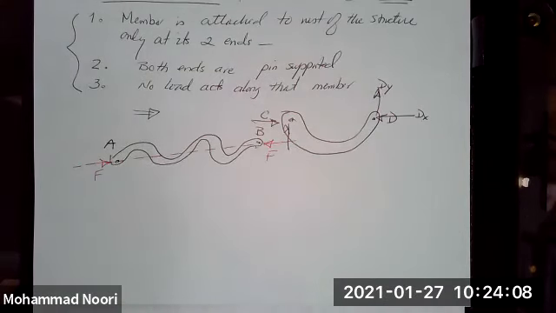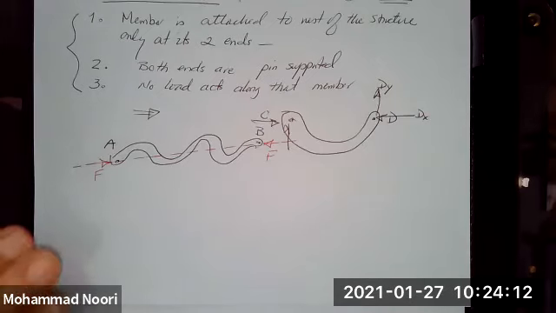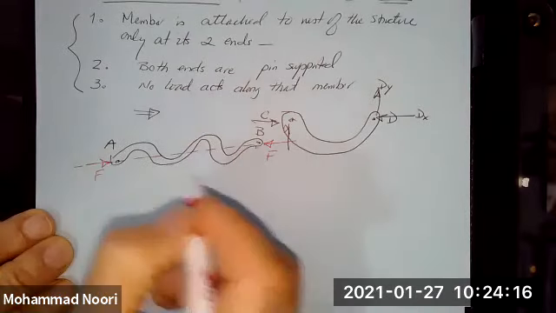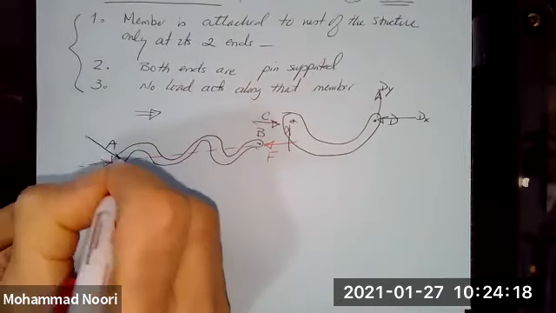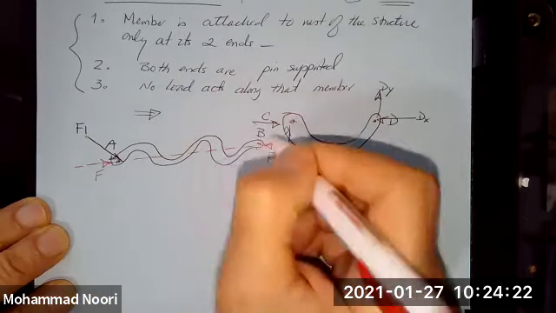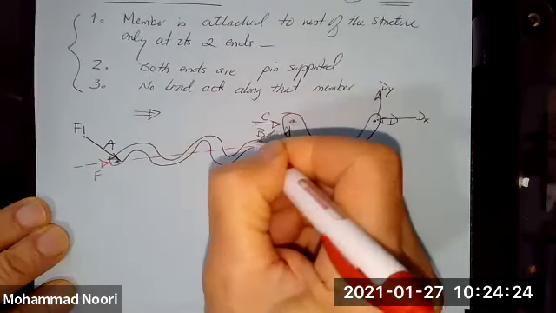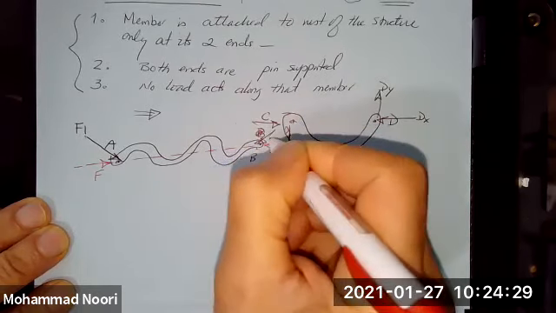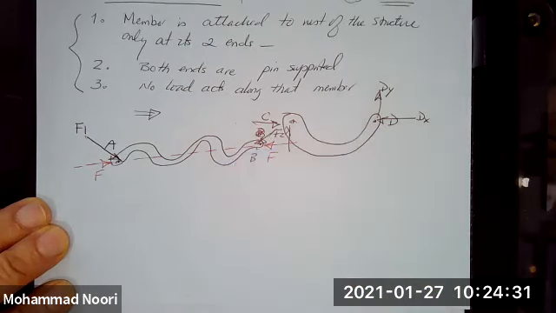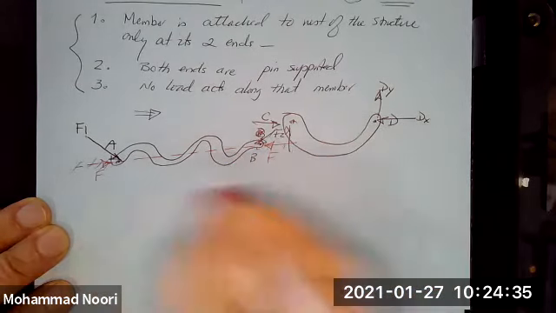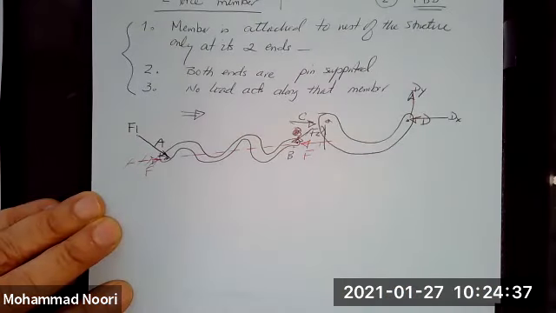Let's start with the assumption first that it is not so. That is, for this structure piece to be in equilibrium, I can have a force F1 and let's say F2, and that's how this structure would be in equilibrium.